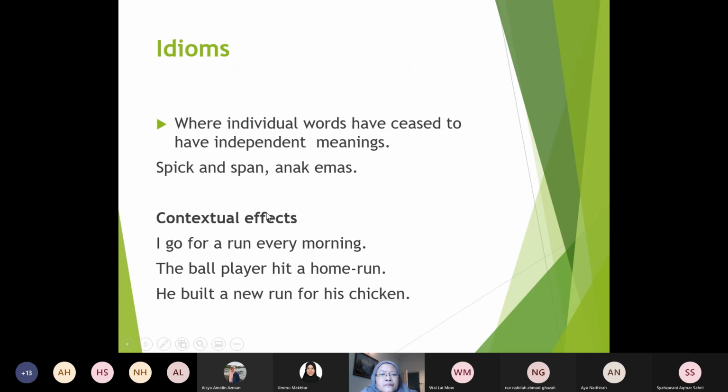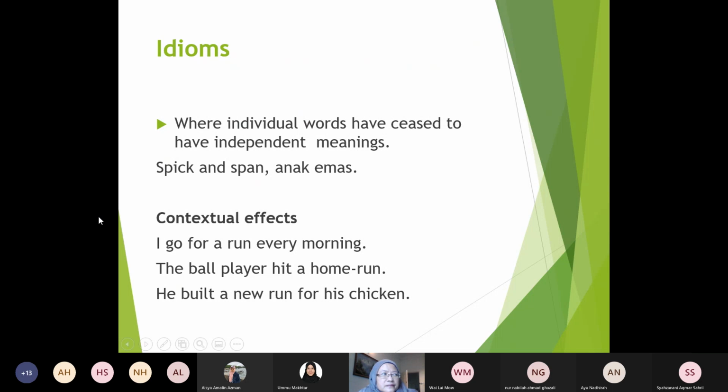Okay. Banyak ni in our language. Why are we looking at this? Because we are saying that some words we can actually talk about meanings of the words, but some words, because of their special use, have become fossilized, and then it becomes a chunk of words which we don't analyze part by part.